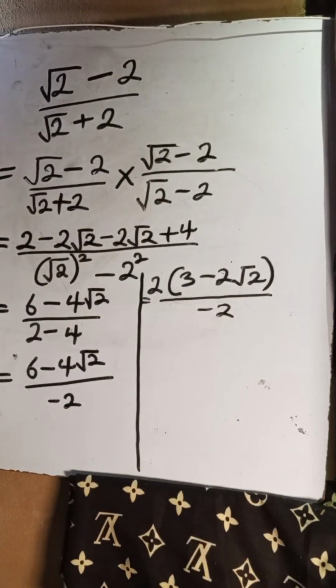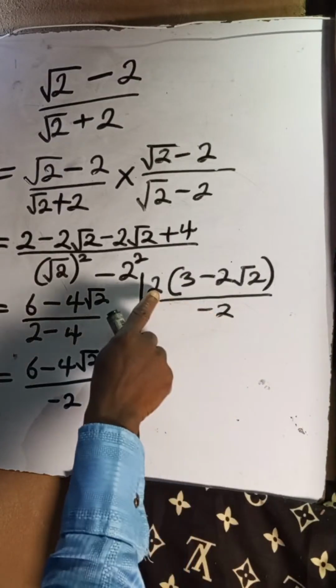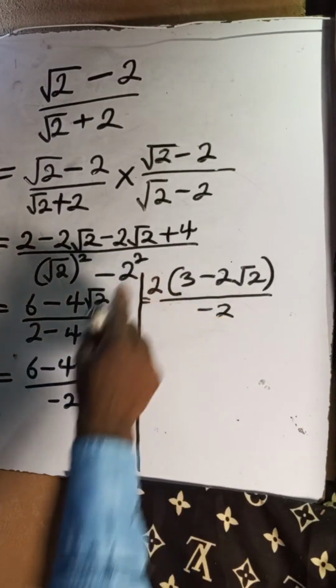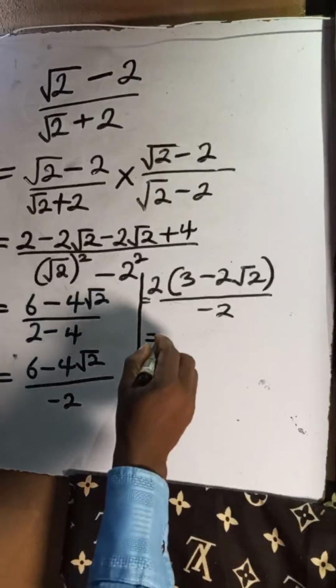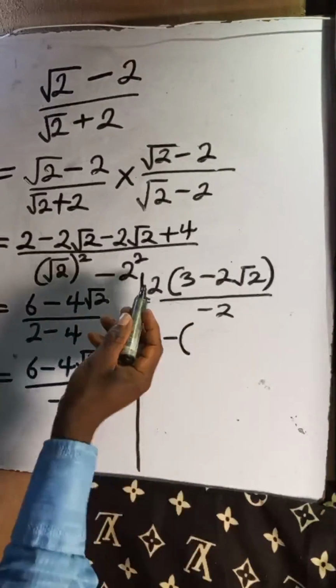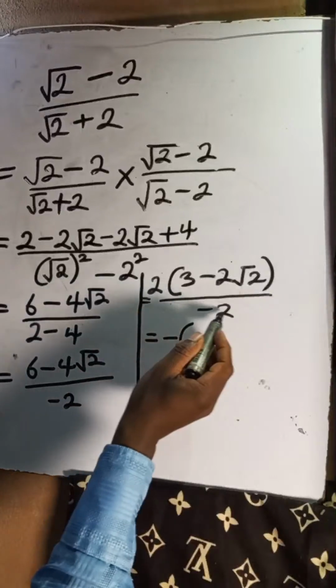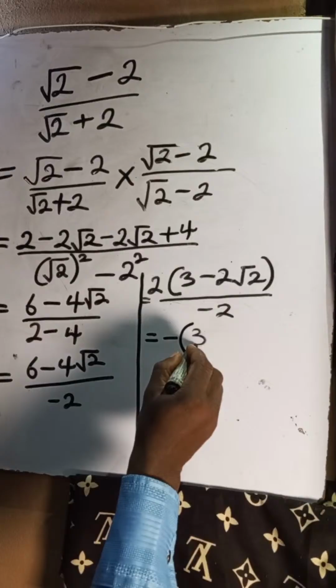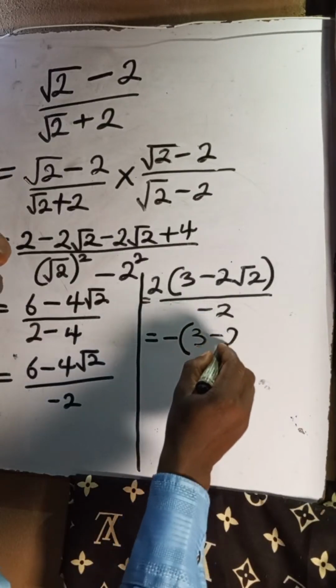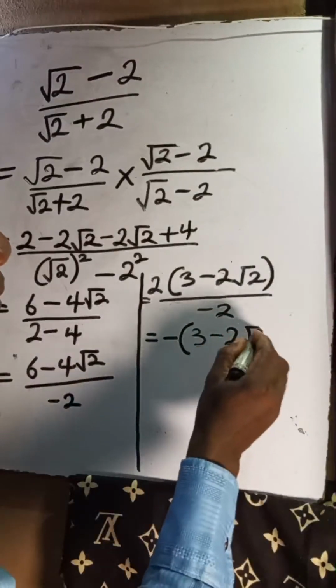You see what we have done now. This 2, we cancel this 2. Then the minus can come up here. So we are now left with minus, then open bracket. Don't forget this 2 is already gone because they have cancelled each other. We now have 3 minus 2 root 2.